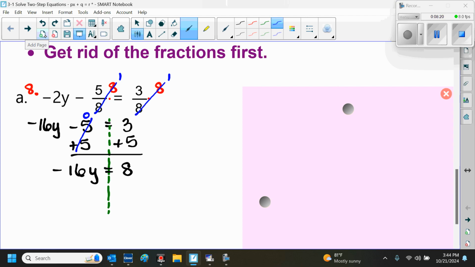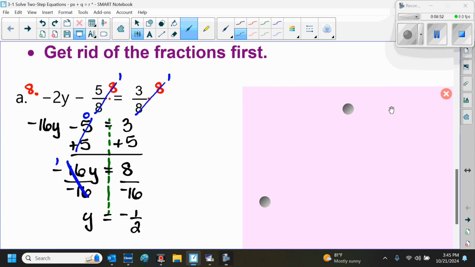Division. So what are we going to divide by? Negative 16. Good. Because that's what we want to get rid of. Is everybody clear? So, here, negative 16 divided by negative 16, that simplifies to 1. And 1 times y is y. And then this, 8 over negative 16, that simplifies to negative 1/2.